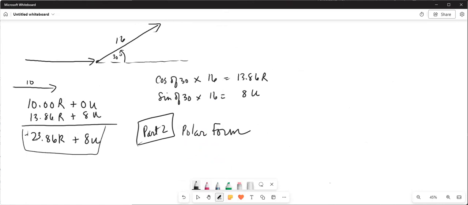So since this is positive, I'm just going to draw a line to the right. So that's 23.86, and then I'm going to draw a line up, which is 8U. Does that make sense to everyone? Yes. Okay, so now I just draw my line back here and I have my right triangle.